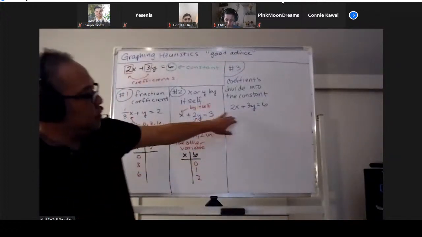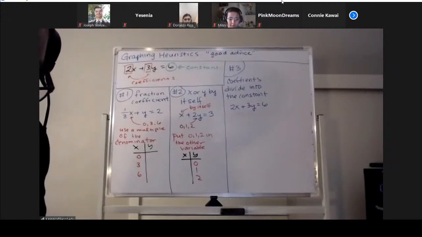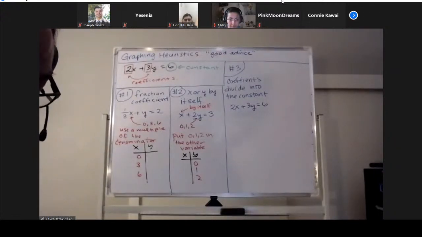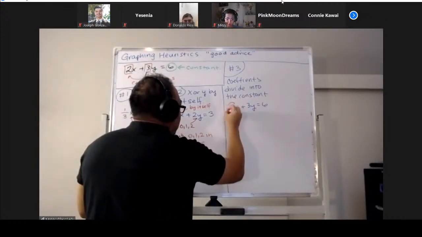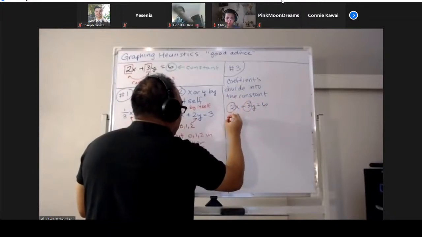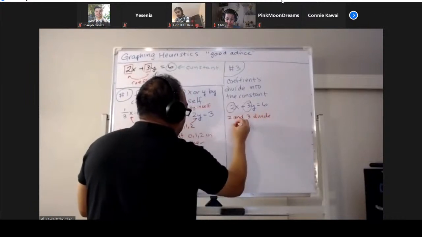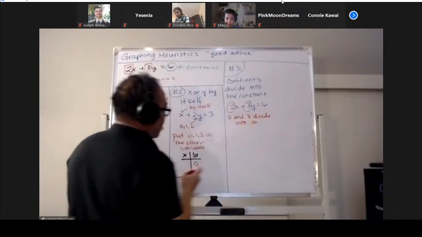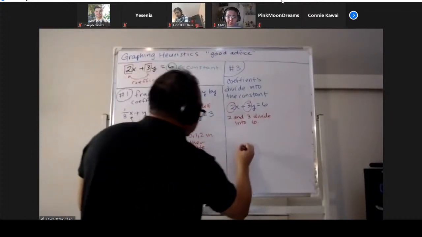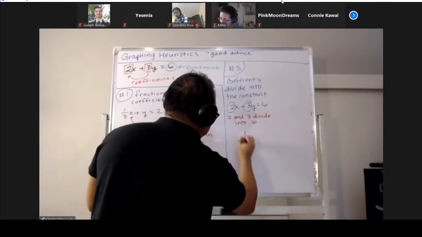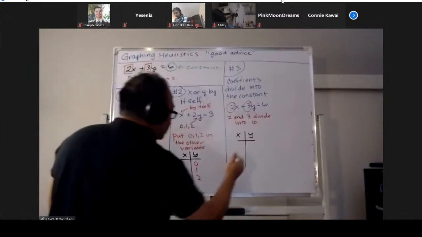So you see how the 2 and the 3 divide into the 6. Now, whenever you have this situation, you just do 0, 0. You just do 2 points. Finding the third point is really hard, so then I just don't bother.